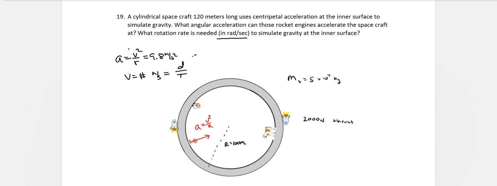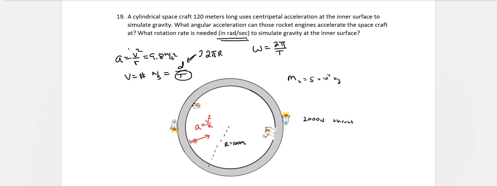If you use 2 pi r for the distance and then calculate t, you'd be getting what's called the period, the time to go around once. And then you can calculate the angular velocity just by taking 2 pi and dividing by the t that you just calculated. And that will tell you the angular speed in radians per second, the rotation rate needed to simulate gravity.